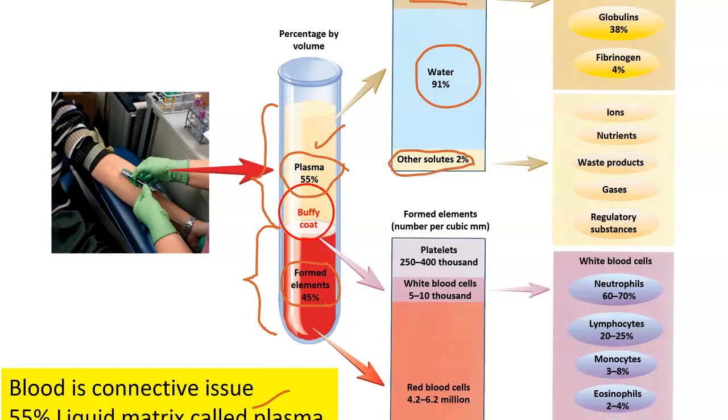Out of the proteins that make plasma, the most abundant is albumin, followed by globulin and fibrinogen. Albumin represents roughly over 40% of the proteins in plasma. Other solutes will be ions, nutrients, waste products, gases, etc.